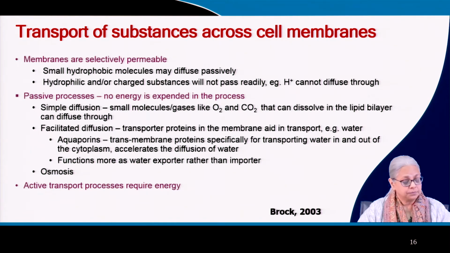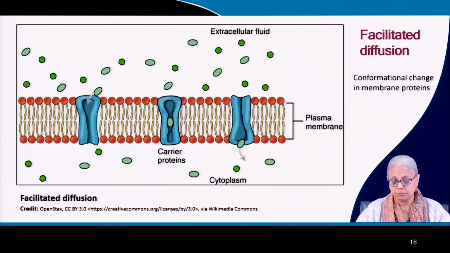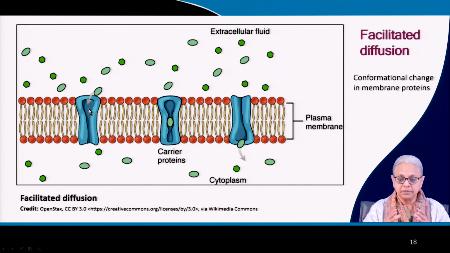So these proteins, the aquaporins, are shown over here. So here you have these transmembrane proteins. You can see one of them, and any material, whether it's water or any other kind of substance, it will come in. There will be what is called a conformational change. The shape of the protein will change.